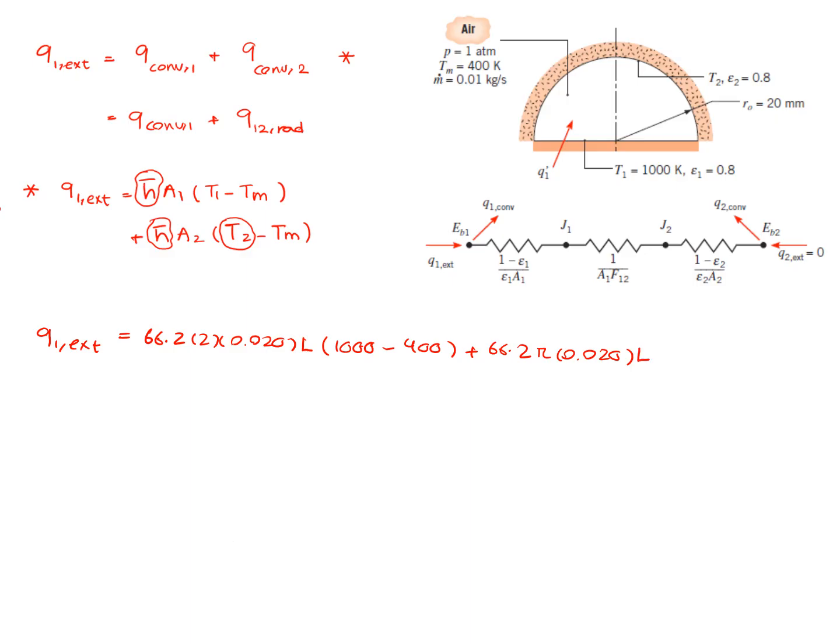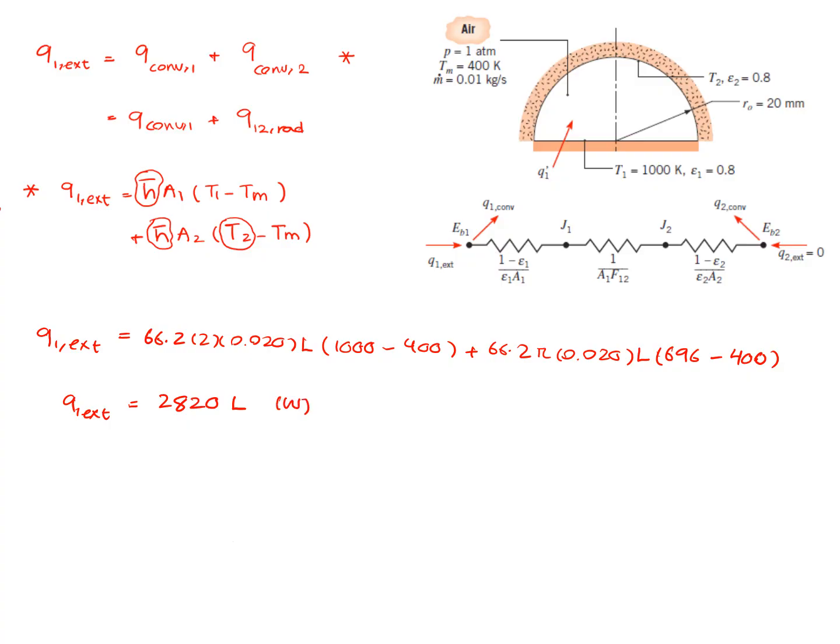So that's pi R L, and then we have T2, which we calculated to be 696 degrees Kelvin minus 400, and this should give me Q1. The heat needed in order to keep this surface at 1000 degrees Kelvin is going to be 2820 L. And this will be in watts.